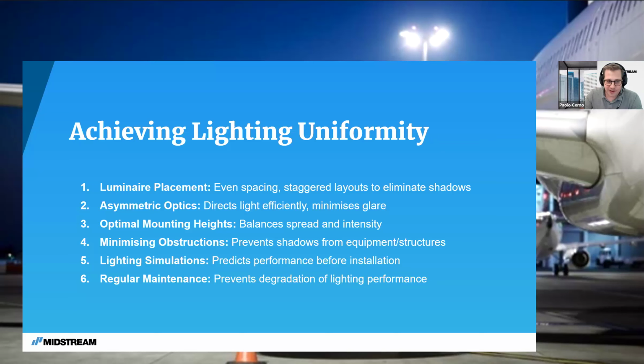And then as of anything, regular maintenance, at least regular checks, which then could result in the need of maintenance, are the way to ensure that these results are long lasting. Because sometimes it might be as easy as a couple of breakers that tripped and you have a few luminaires out, very dark area.